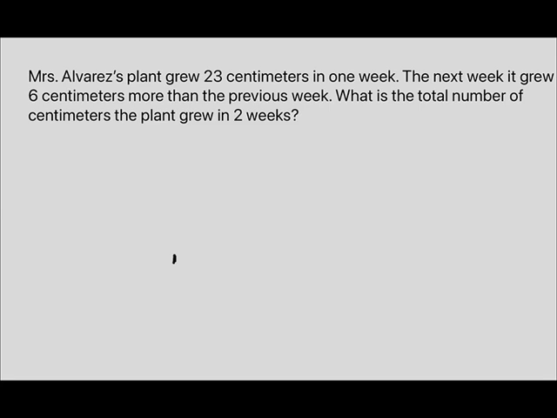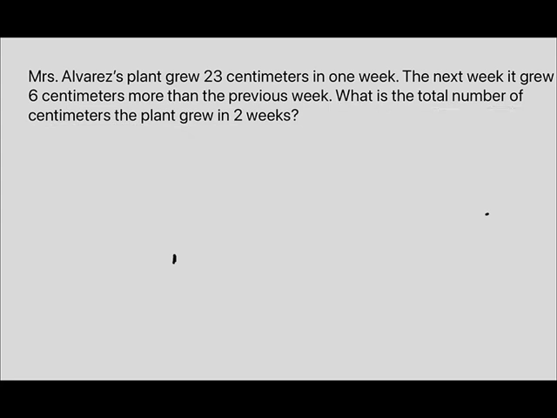The question is, Mrs. Alvarez's plant grew 23 centimeters in 1 week. The next week it grew 6 centimeters more than the previous week. What is the total number of centimeters the plant grew in 2 weeks?